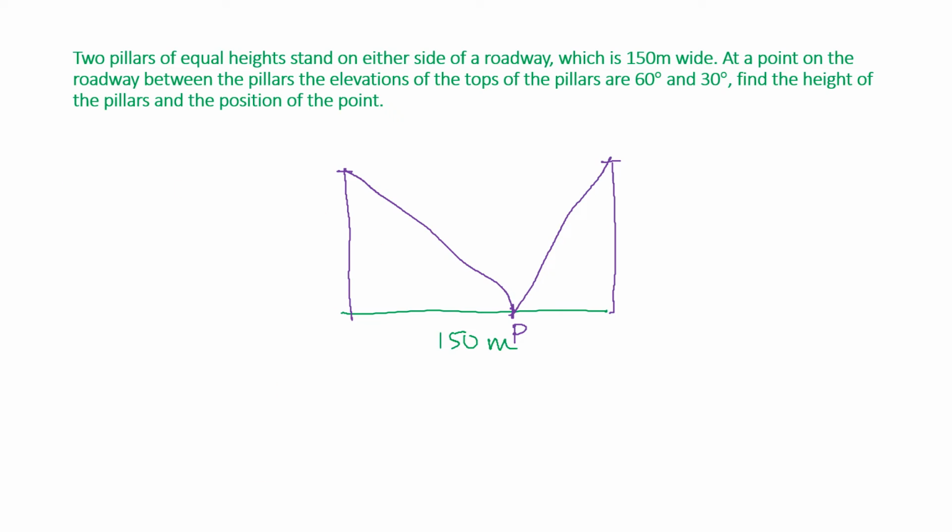Find the height. Again, you will get confused between whether the 60 degrees should come here or here. As I told you in the previous question, the closer you are to a particular building, your angle of elevation is going to be much more, and this is going to be equal to 30 degrees. So let's go to the proper figure.